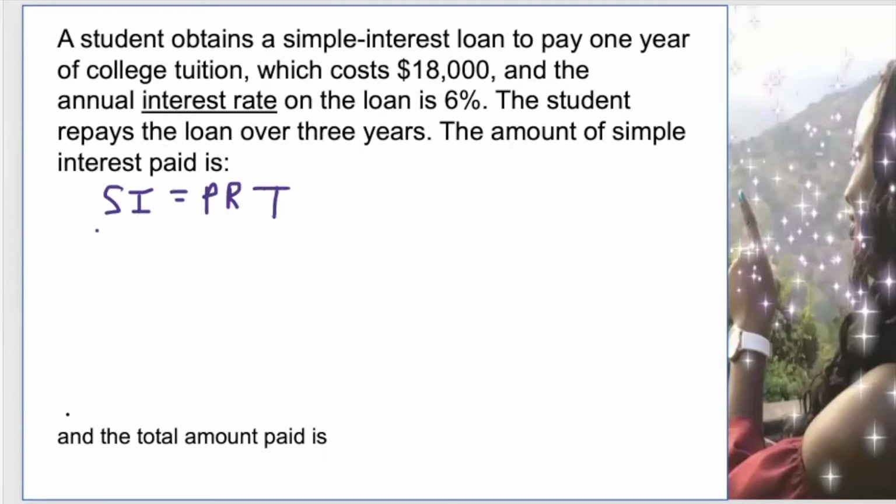I need to identify what I have. The principal is the tuition cost, which is $18,000. So that is considered to be my principal, what I had borrowed. Rate is in percentage, but we always convert it to decimal.